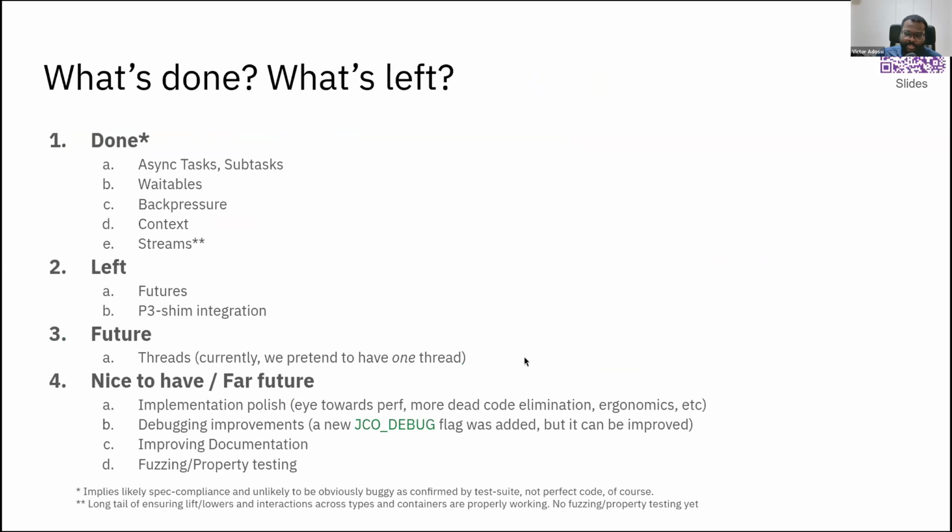So a quick look at what's done and what's left. I think right after this, I'll show you a bit of the code and what this ends up looking like.